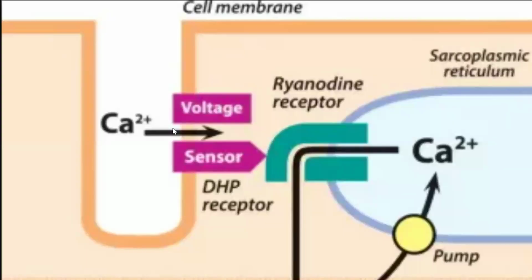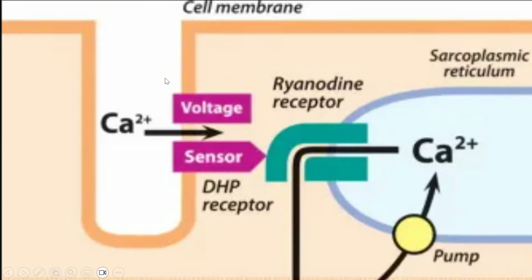Okay. So this is what I'm telling you about. Here you have the cell membrane or the sarcolemma. This is the T-tubule. Action potential from an axon terminal will come, and it will cause the opening of this channel, which we call the dihydropyridine channel, or dihydropyridine receptor, which is an L-type calcium channel. Okay, this is physically attached to a channel on the sarcoplasmic reticulum called the ryanodine receptor.